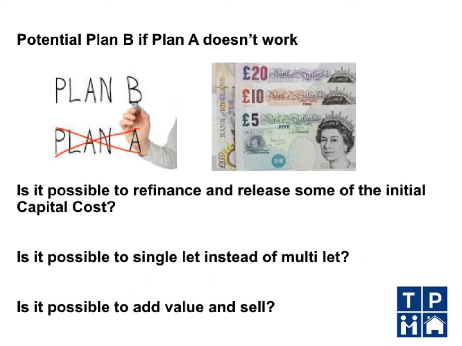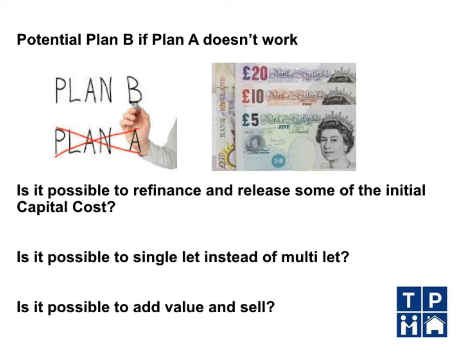And the reason that I suggest that is because the market does change, and therefore if you've gone and bought a property and you've decided to turn it into a house of multiple occupation and something happens to that area, let's say that you decided that you were going to buy a property and make it into a student-let property, and during the process of you purchasing, something happens, maybe Article 4 comes into your area and you're not able to get the relevant planning, or maybe the HMO licensing officer doesn't allow you to have as many rooms as you thought and it doesn't quite work as well as you thought.